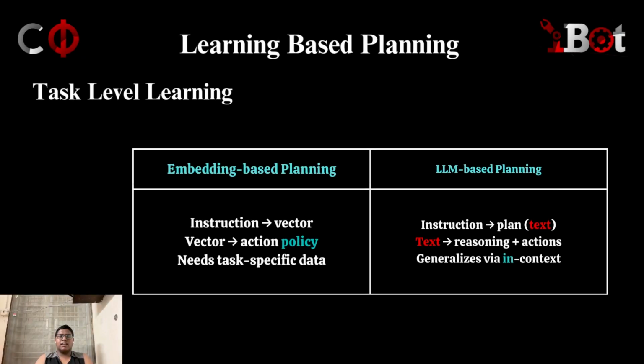For task planning, learning based methods evolved into two main directions. The first one is embedding based planning. Here, the user instructions are converted into learned vector representations. The model then maps those vectors to plans or actions.